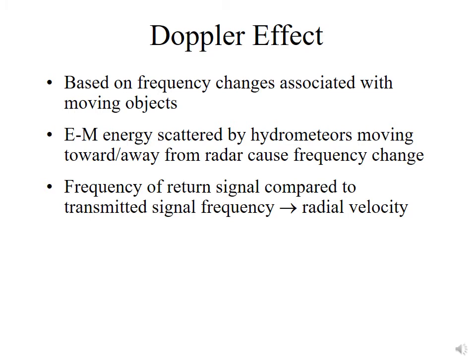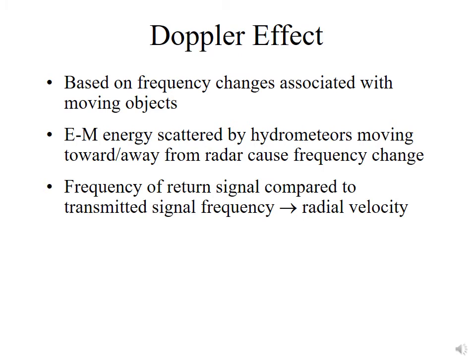Some radars can only measure the dBZ values, which will give you information about the precipitation in the cloud. Other radars that are a little more sophisticated can make use of the Doppler effect to get additional information out of the atmosphere. The Doppler effect is just based on frequency changes associated with moving objects.